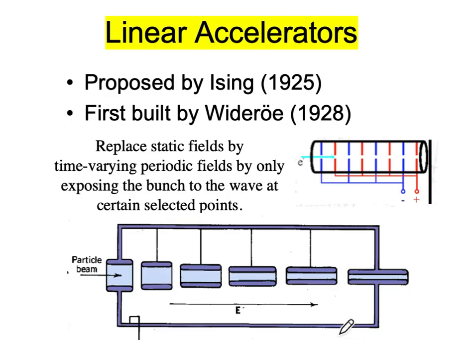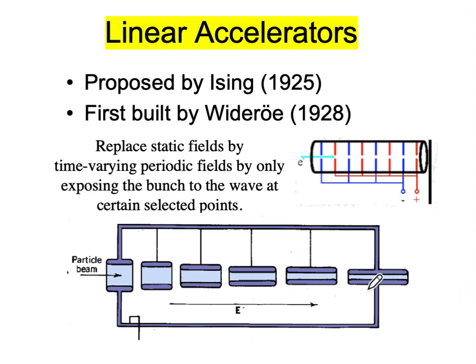Let me go for the basics of these linear accelerators. It was proposed by Ising in 1925 and first built by Wideroe in 1928, as I already told you. The principle is simply replacing static fields by time varying periodic fields, by exposing the bunch to the waves only at certain sections.